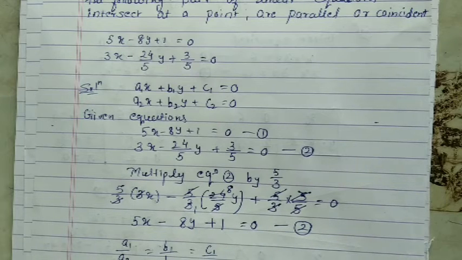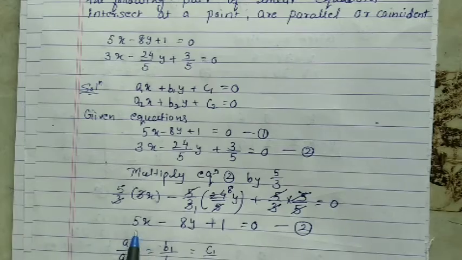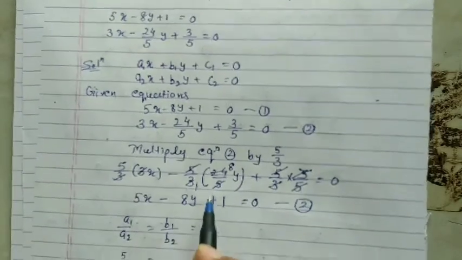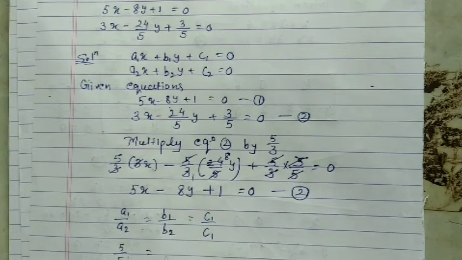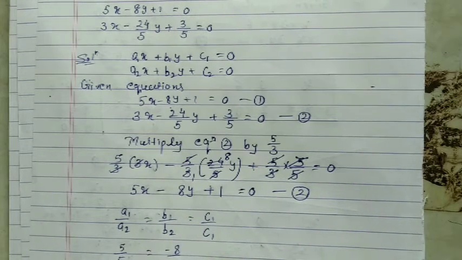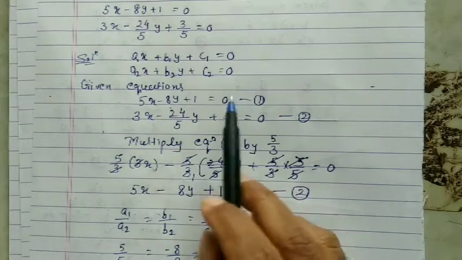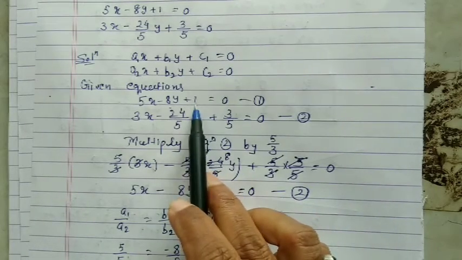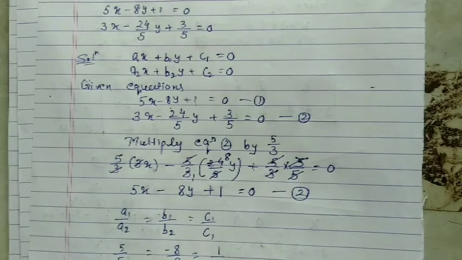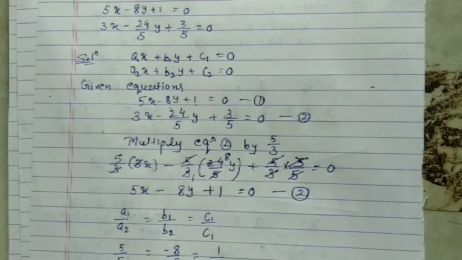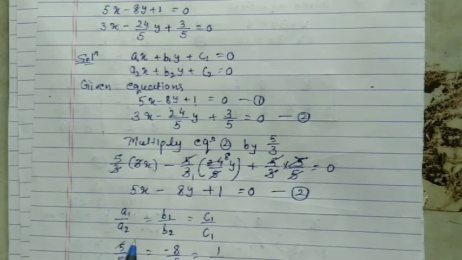Put the values here. A1 is 5, a2 is also 5. What is b1 value? Here it is 8 and here also it is 8, but with minus sign, that is minus 8, minus 8. And value of c here in the first equation is 1, in the second equation also it is 1.